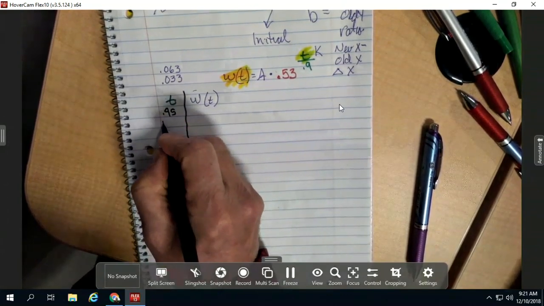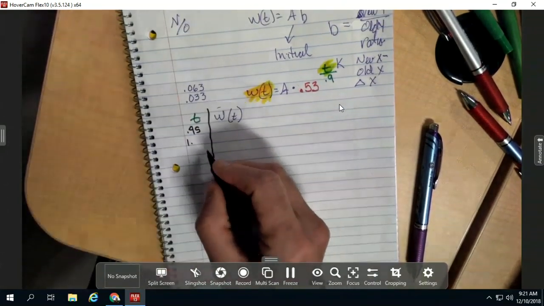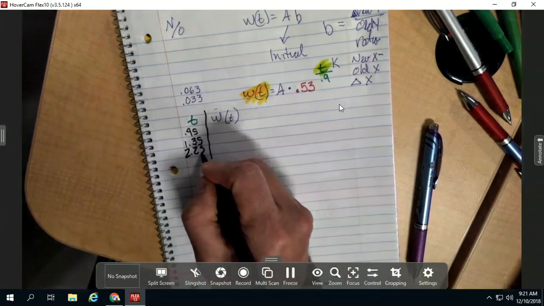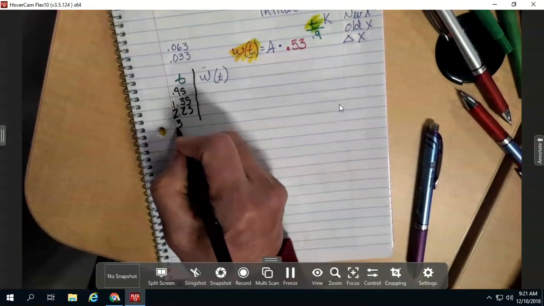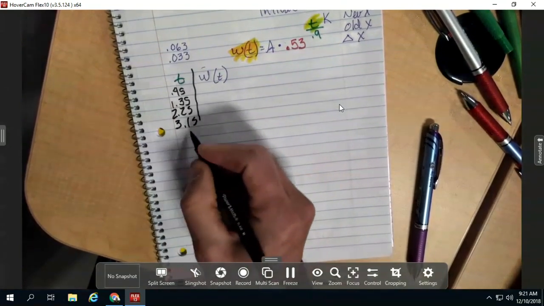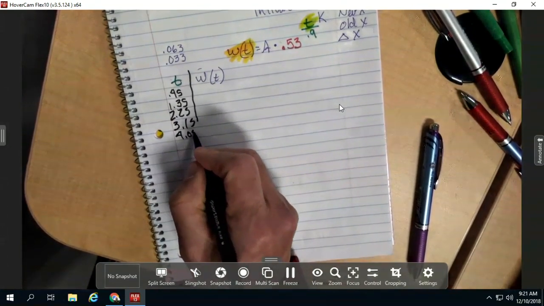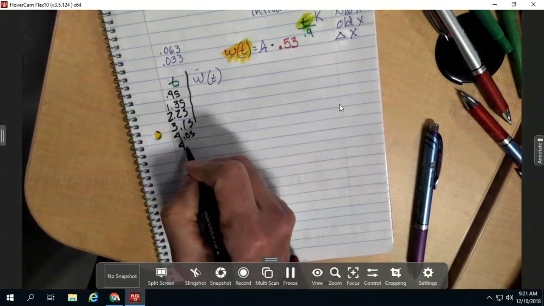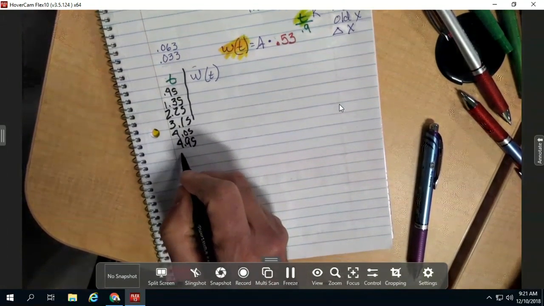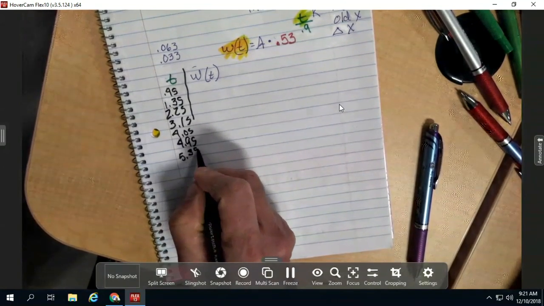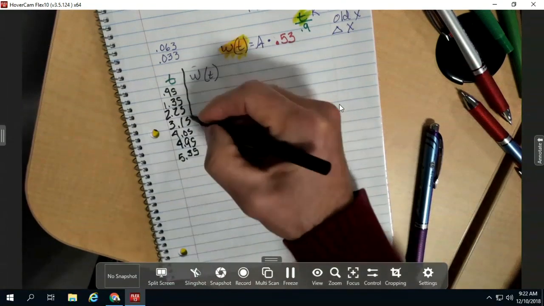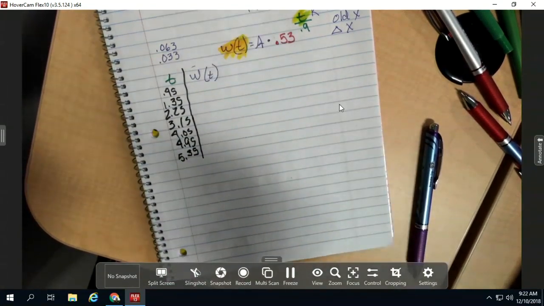We could use 1.35 for t. We could use 2.25 for t. We could use 3.15 for t, 4.05, 4.95, or 5.35. We could use any one of those. Oops, I shouldn't have made them in black. Should have made them in green.